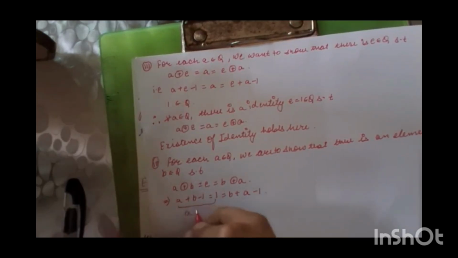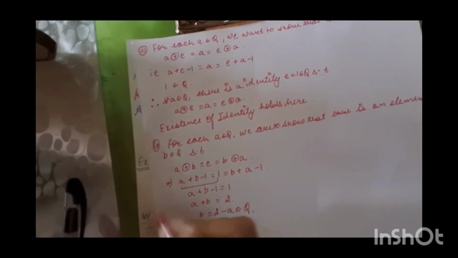If we solve this, for example, A + B = 2, that is B = 2 − A. This belongs to the rationals.